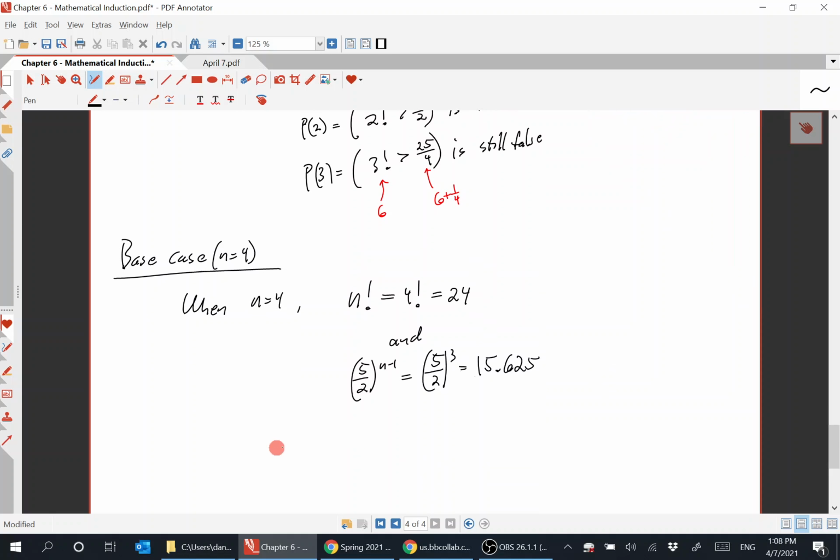And we see that 24 is indeed larger than 15.625. Right? All right, induction step.